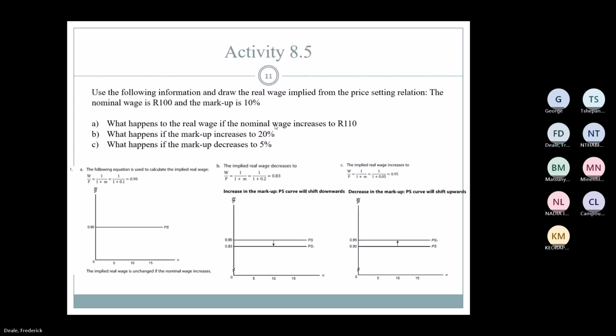That means the real wage is not actually influenced by the nominal wage, because the real wage is W over P, which is equal to 1 over 1 plus M, and the markup stays 10% if the nominal wage increases to 110. So the real wage stays 0.9.